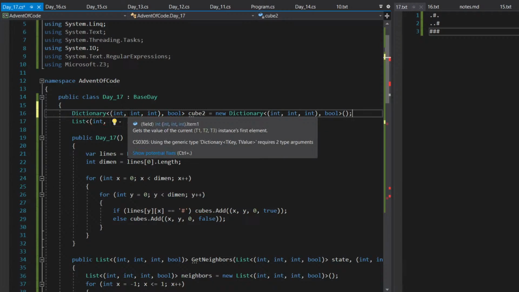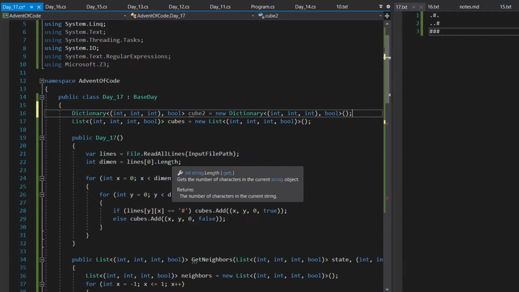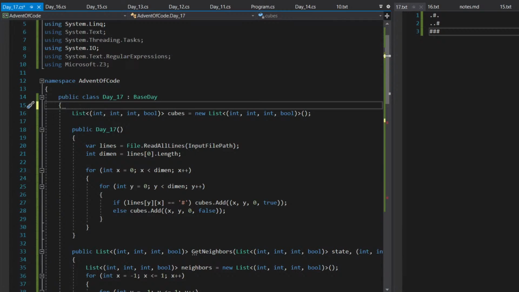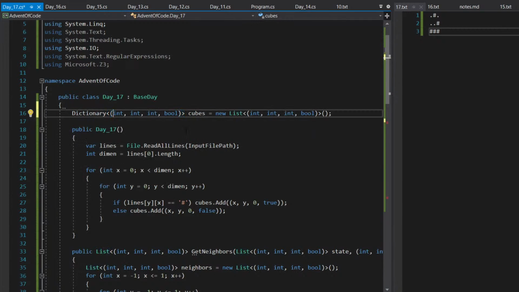Is that not valid? No, it's valid. I guess a dictionary should be able to hash a tuple. You know what? Since I'm not getting anywhere, let's go ahead and make this change.